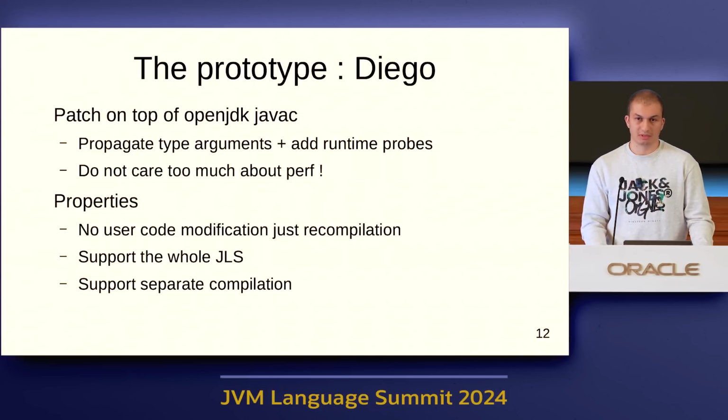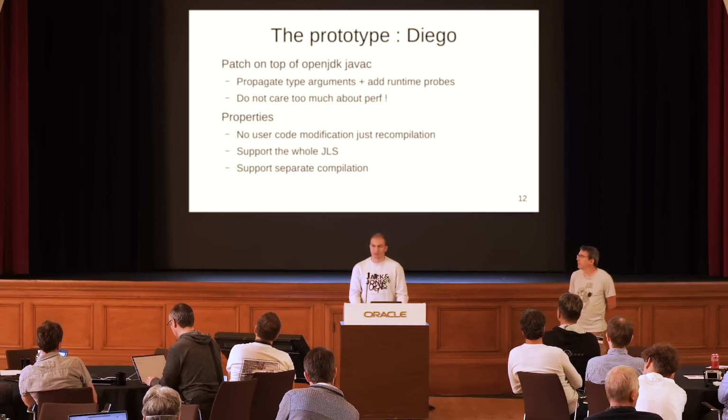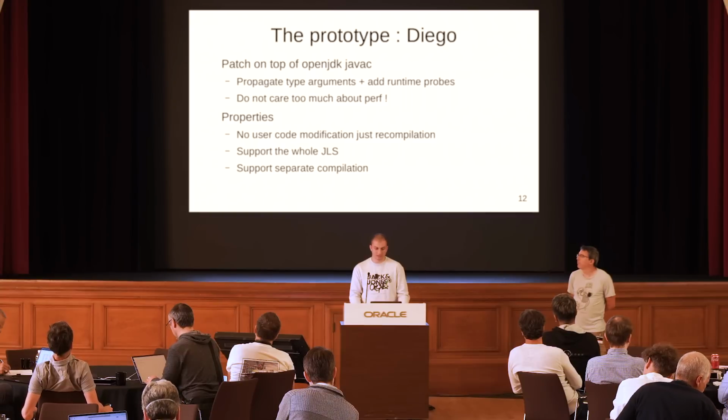And considering this, the prototype can work only by patching the Java compiler. We do not need to modify the VM at all, which would produce a prototype with much better performance, but once again, we do not care about performance.